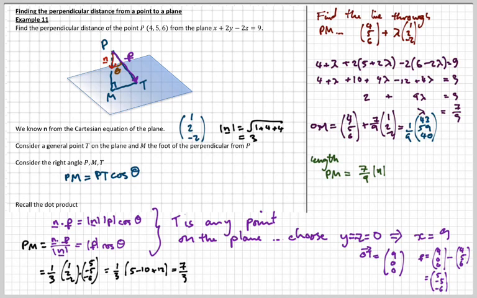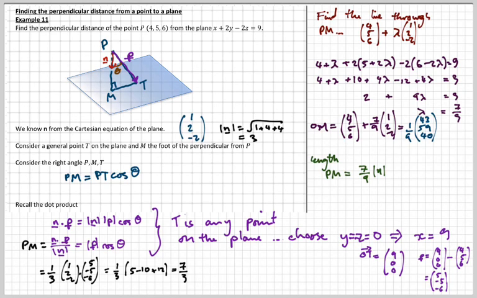Because to get from O to M, we could go from O to P, which is 4, 5, 6, and then we add 7 ninths of 1, 2, minus 2. So we are going 7 ninths of the length of the vector n to get from P to M. So have a think about that and check that you understand and agree with that.